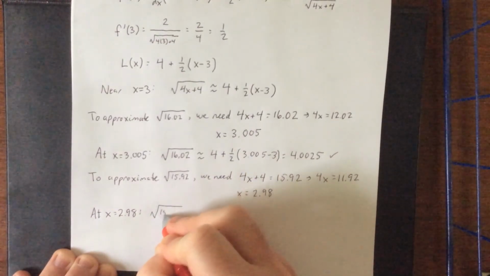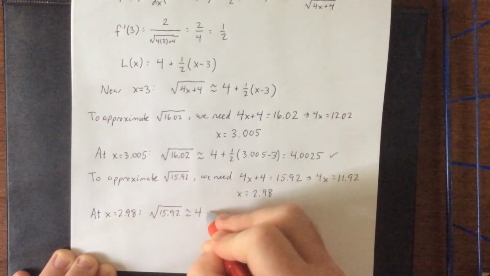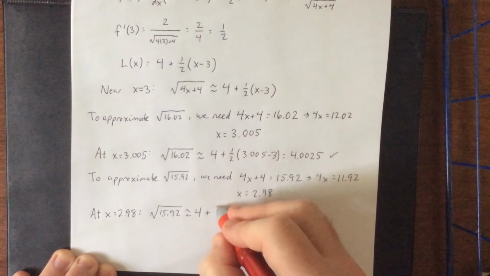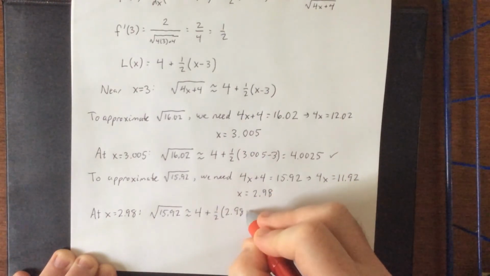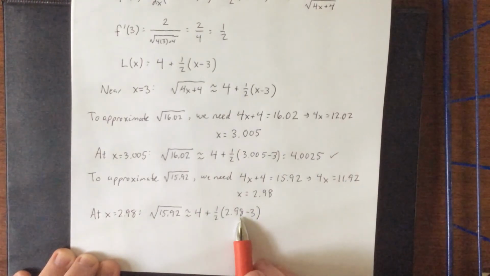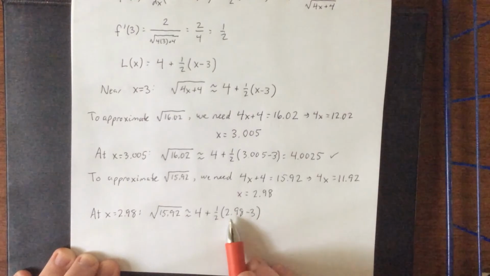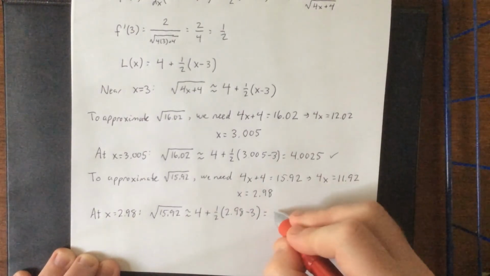That would be the square root of 15.92 will be approximately equal to 4 plus 1/2 of 2.98 minus 3. Now 2.98 minus 3 is going to be negative 0.02. Why don't we just write it down? We have the room.